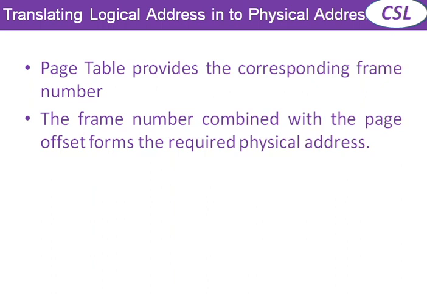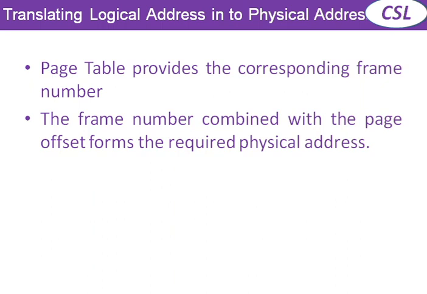Earlier we know the CPU generated one logical address that consists of page number and page offset. How can we get the corresponding frame number of the particular page generated by the CPU? By using the page table. After the logical address is generated by the CPU, we come to the page table.